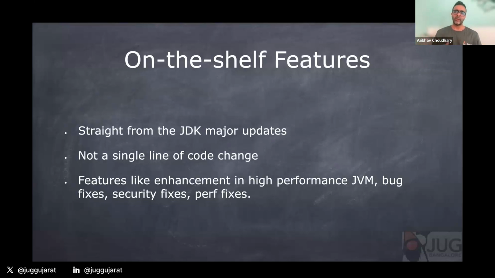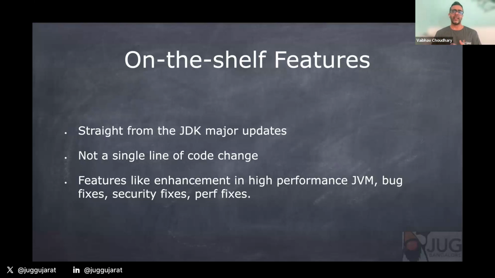We magically figure out that inlining this method will be very good for this kind of code, and multiple levels of inlining are very good, right? So all these kinds of things can be done. These are the features which are on the shelf. When you are moving from JDK 11 to JDK 17, you will get these features for free.